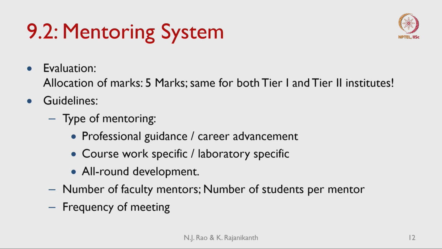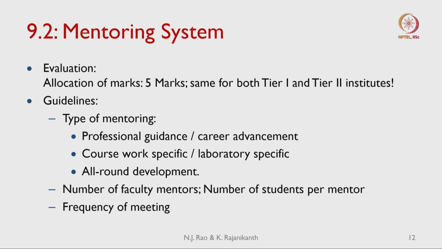There are 5 marks allocated, same for both tier 1 and tier 2 institutes, and the guidelines are type of mentoring. Mentoring can be quite varied in its scope, and depending upon how the institute designs and implements the mentoring scheme, the scope can differ dramatically.